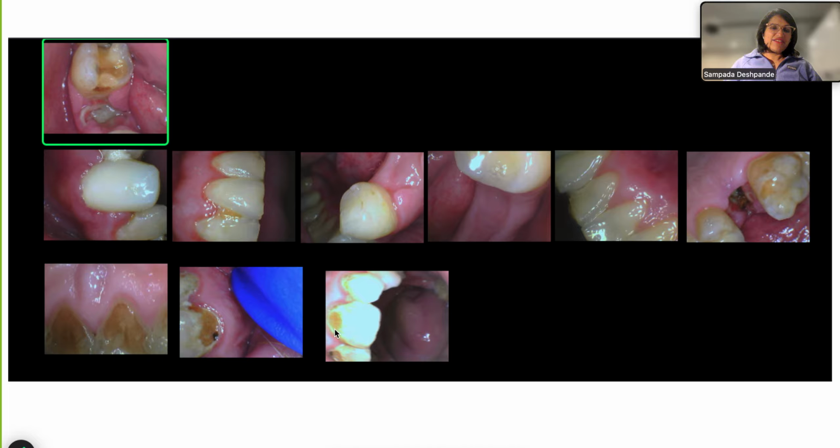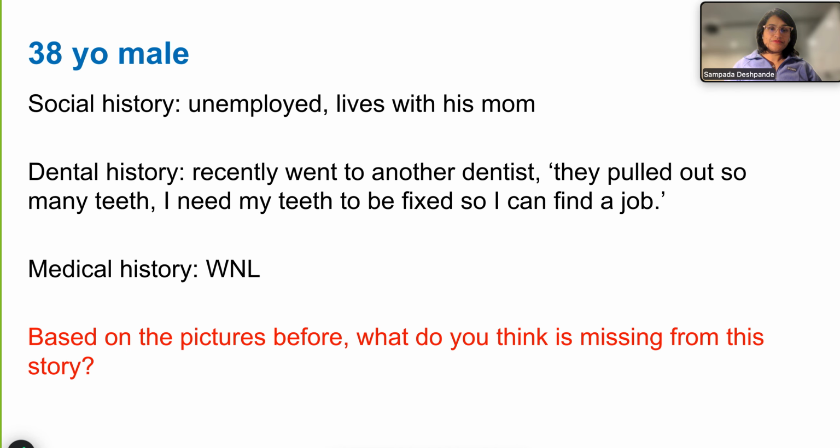And then I see cavities like this that are on the facial margins around these teeth. This tells me that there is just a very, very high caries risk because of one or the other reason, right? So, based on these pictures, maybe you're thinking that, oh, there must be something in this patient's medical history that explains what's going on.